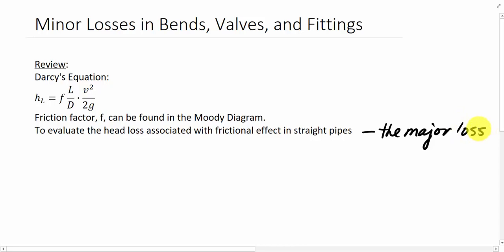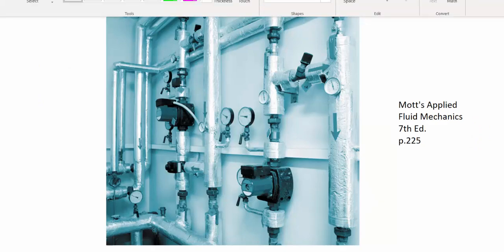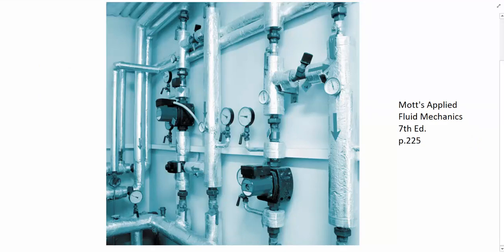But most pipe systems do not only have straight pipes. For example, a system like this, and you can find this picture in our textbook. In a system like this, we'll see some valves or tees or elbows and the bends.